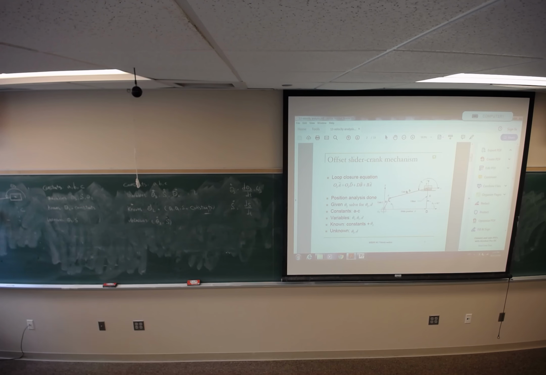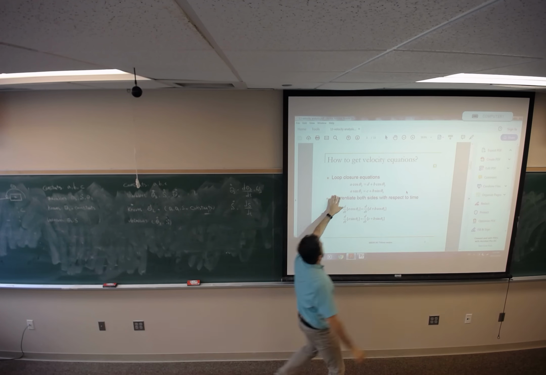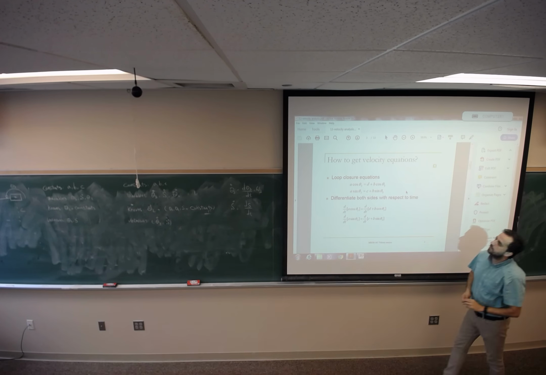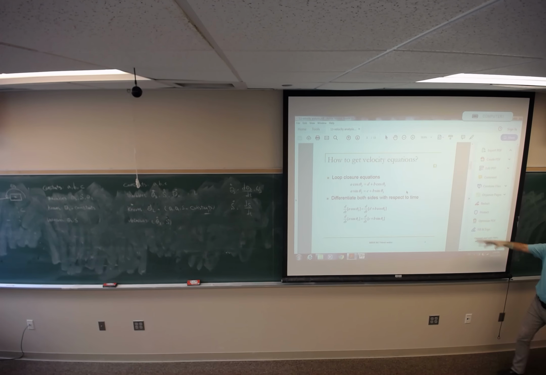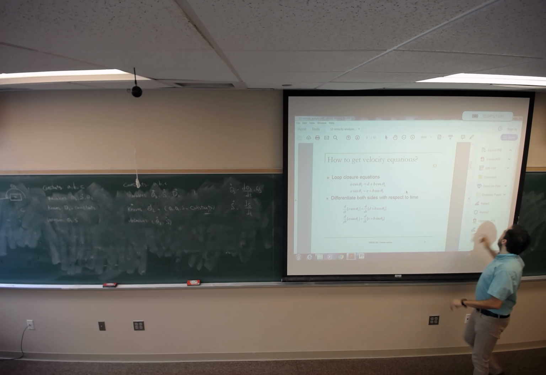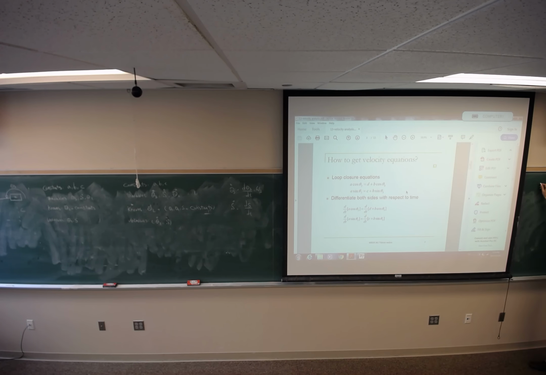We started from the displacement loop vector equation, then we differentiate with respect to time. So we apply the chain rule. We know that if we have cosine of theta 2, and we want to find its derivative with respect to time, since t and theta 2 are not the same, but theta 2 is varying with time, we should use the chain rule.